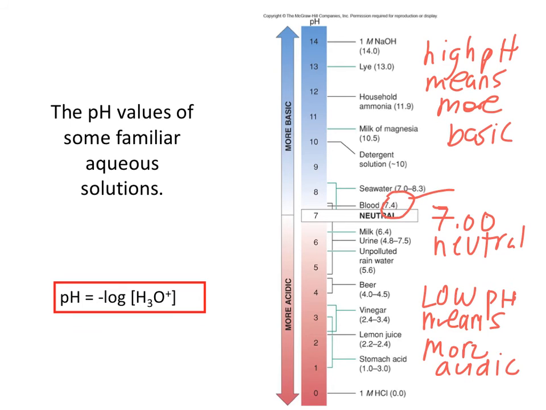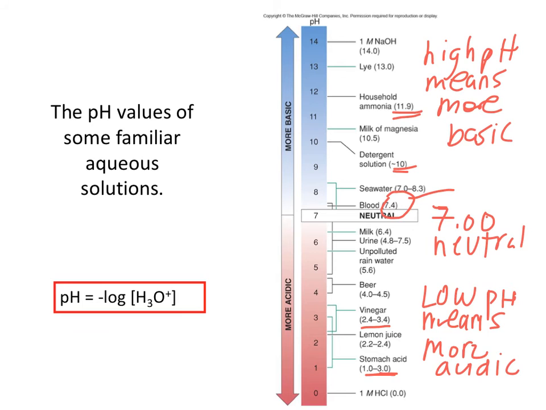Milk of magnesia, which we said earlier was a base, is 10.5. Ammonia is 11.9. And detergents are around pH 10. If you go down, vinegar, which is acetic acid, is around 2.4. Stomach acid is between 1 and 3. So these are some common household chemicals, and these are their pHs.